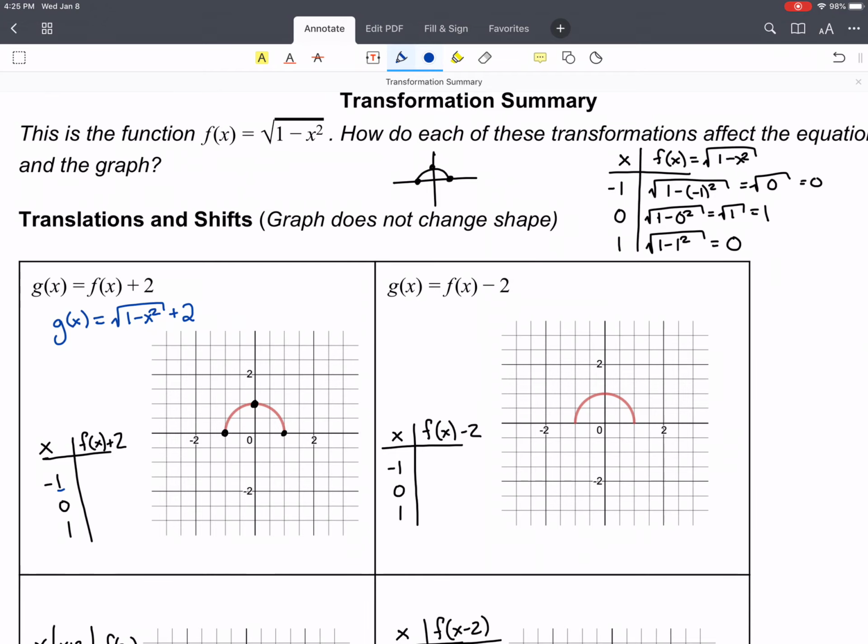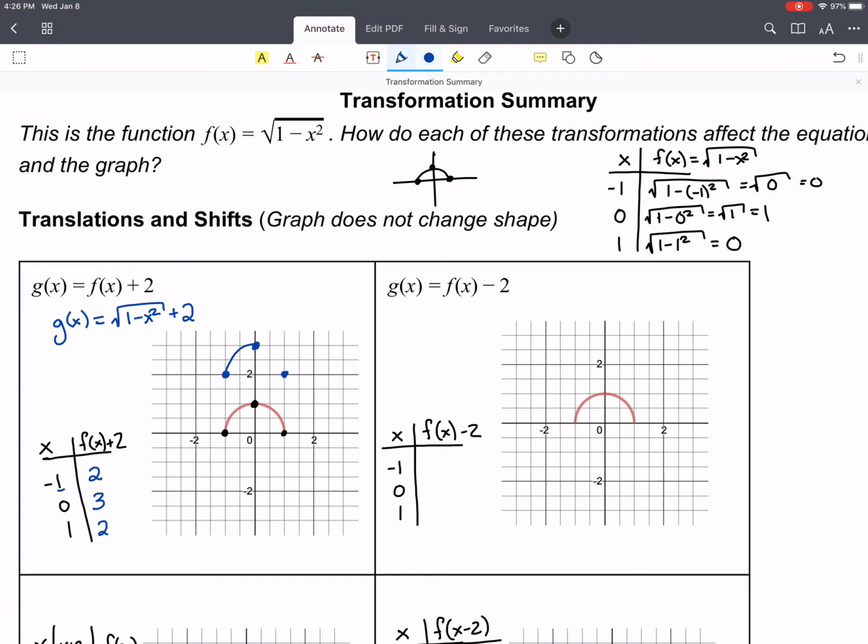Now I'm going to get 0 plus 2, or 2, as my output when x is negative 1. When x is 0, instead of 1, I get 1 plus 2, or 3. There's 3. And when x is 1, I get 0 plus 2, or 2.